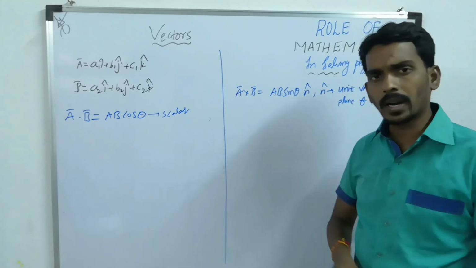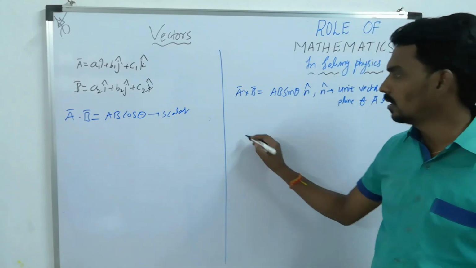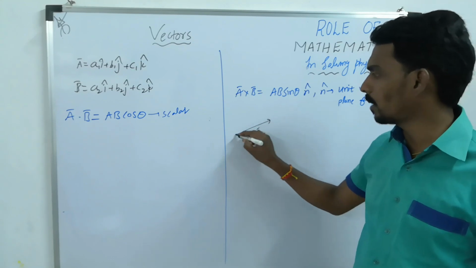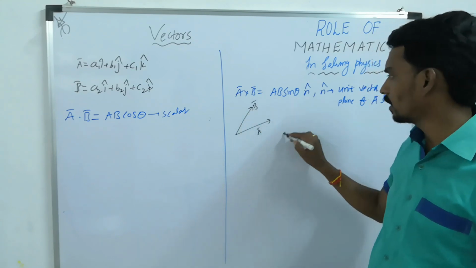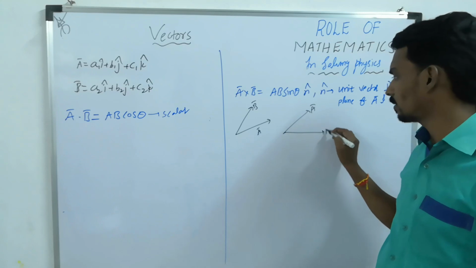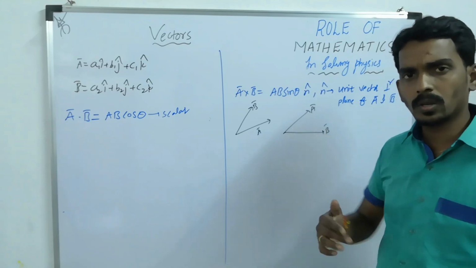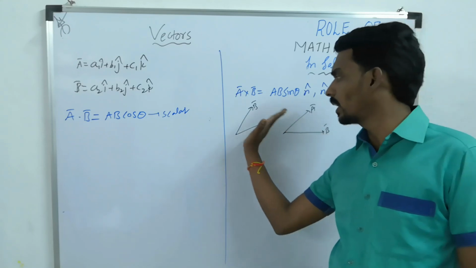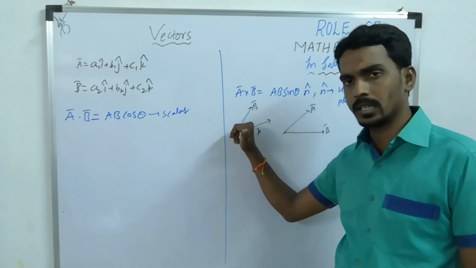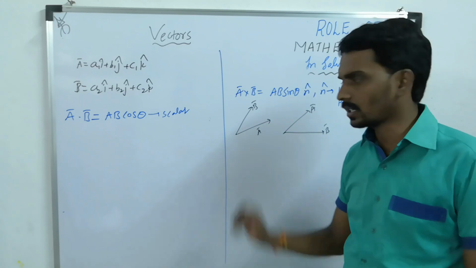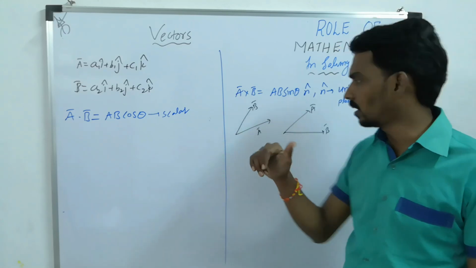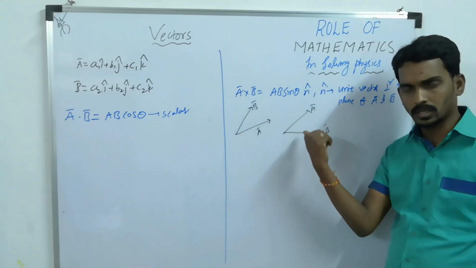But how to find out outward or inward? You have to take A bar and B bar, take two cases. Either you can use the right hand thumb rule or screw rule. You rotate the fingers from A to B, then the thumb will give you the direction, like here outward, here inward.